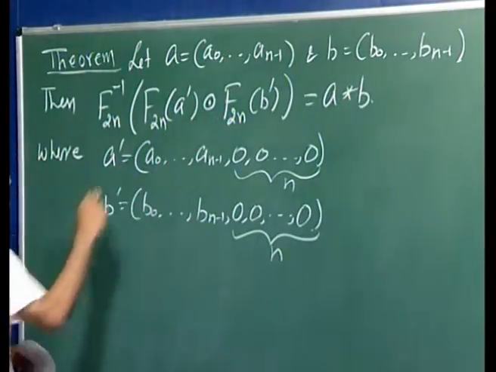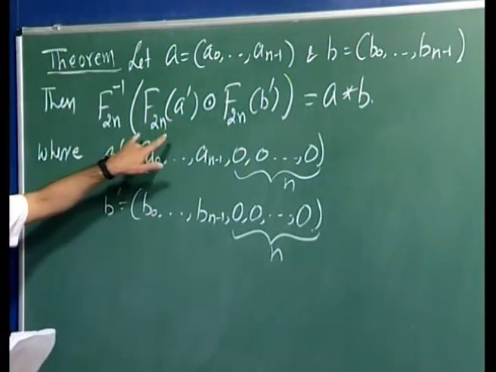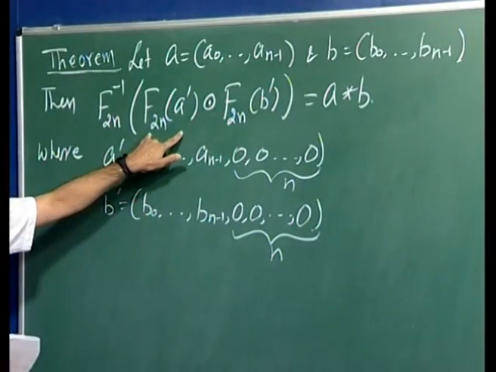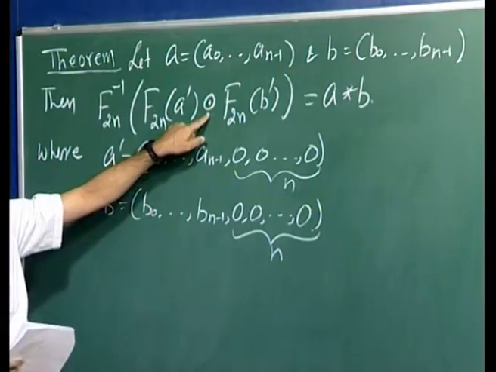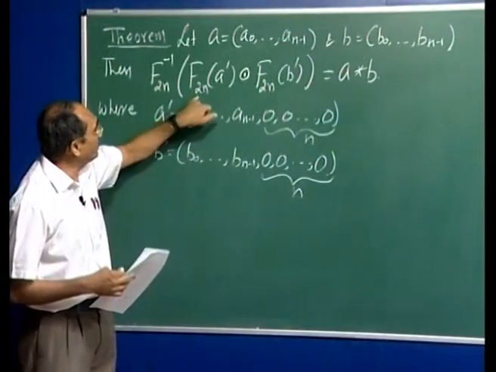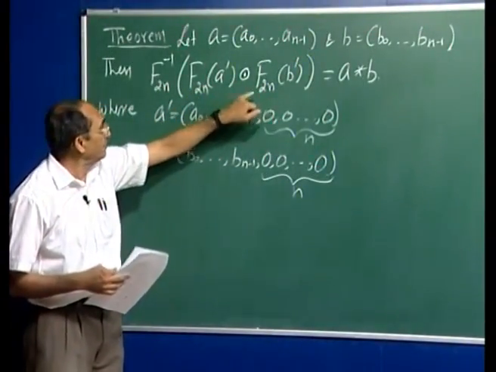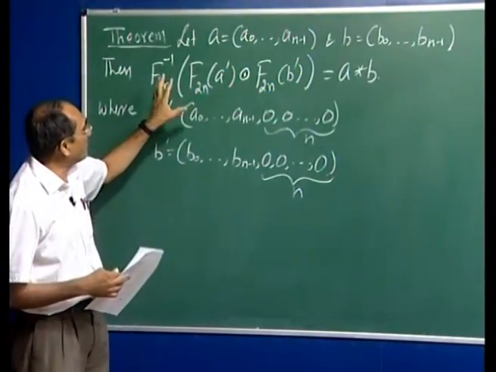And this operation, because notice that this is a vector of size 2n, so is this. So, this indicates that you multiply the first component of this with the first component of this and make that the first component of the result.